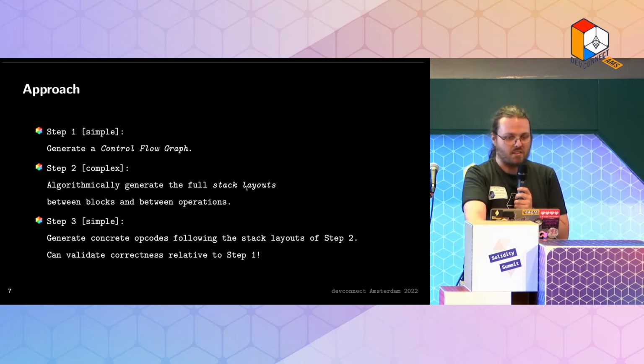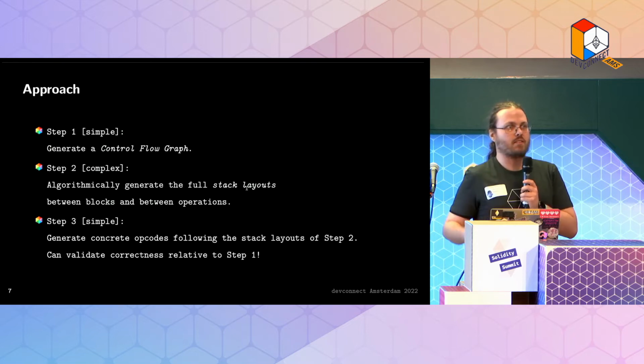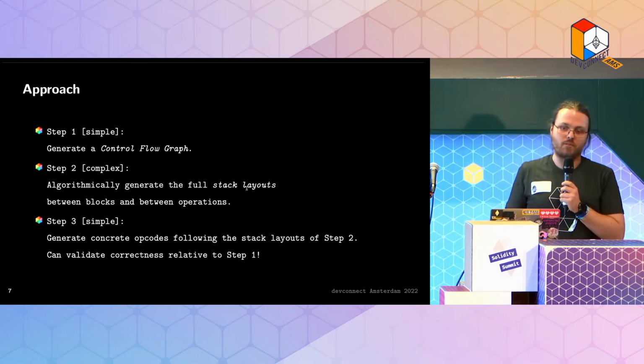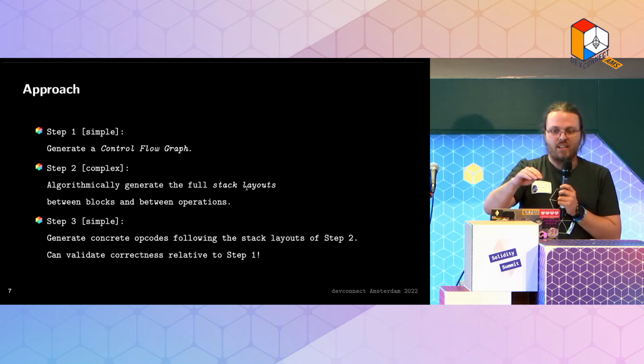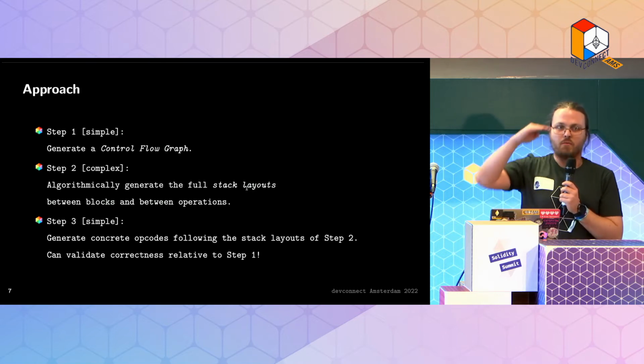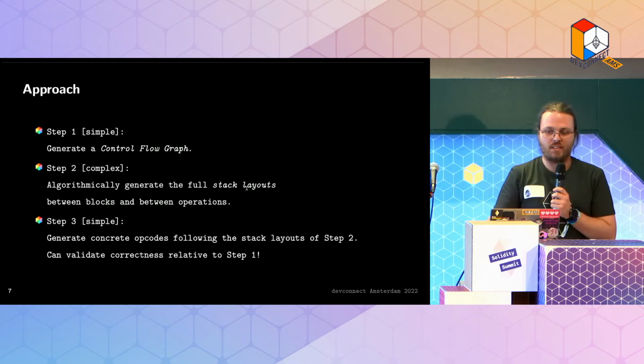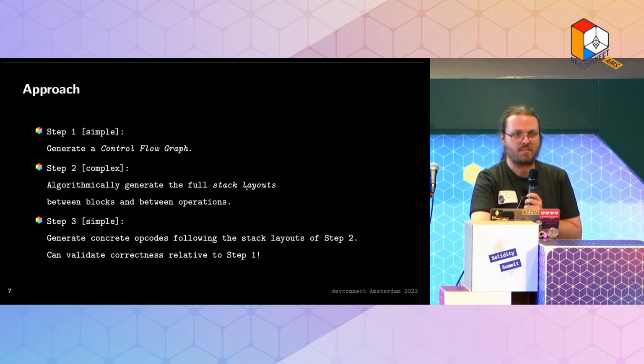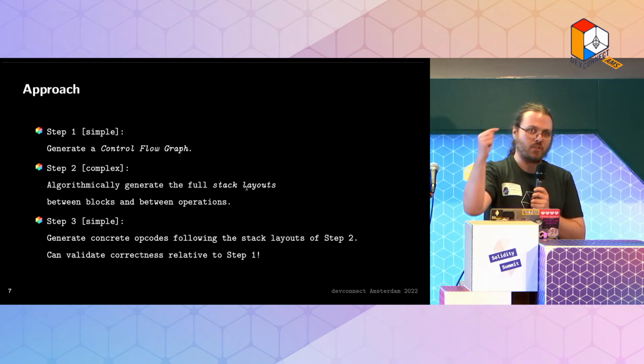Then, based on that, we have again a simple step that actually generates the opcodes from the annotated stack layouts from the control flow graph. So I walk the control flow graph and use the stack layouts to generate code. But the nice thing is that I can validate the correctness against the control flow graph I generated in the first step.